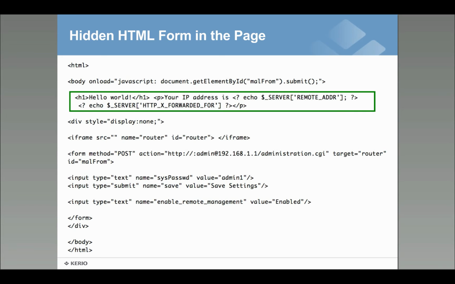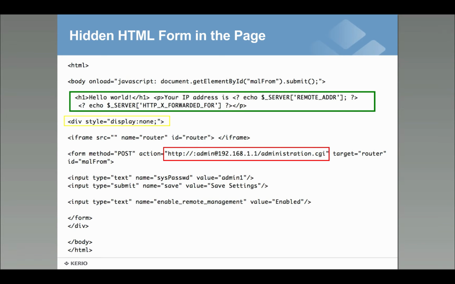That's the part saying hello and showing your IP address. Just a snippet of PHP and HTML code together, which is the visible part. Then there is a part of the page not being displayed. This means it doesn't occupy any space on the page. It causes no action. It's completely hidden.